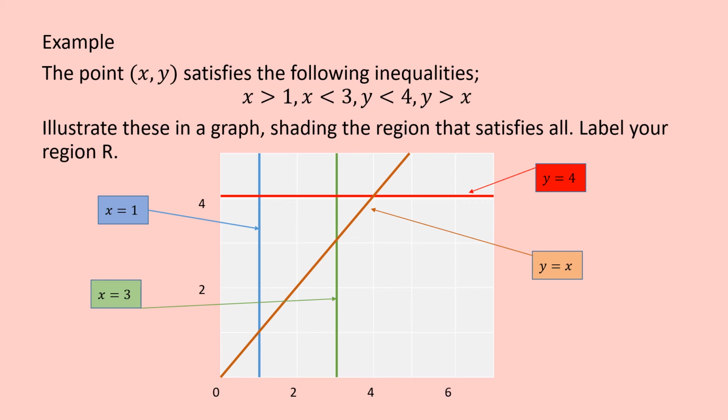The meaning of that is y coordinates lie below the line y equals 4, and x is greater than 1 means the x coordinates lie to the right of the line x equals 1. x is less than 3 means the x coordinates lie to the left of the line x equals 3. y is greater than x means the y coordinates are greater than if they were on the line y equals x, so the region is above the line. So that is the region R.